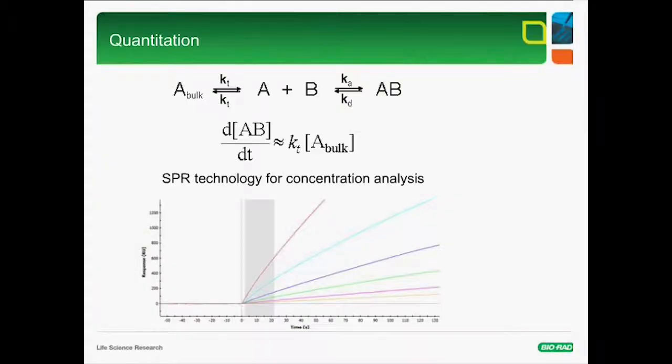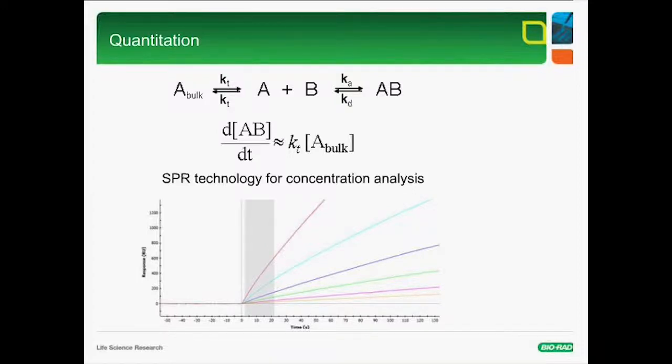SPR biosensors can be used for sample quantitation. And this quantitation method is highly efficient. In the SPR way, once you have a capture surface constructed that can be used to capture the target of quantitation, then you can quantify your samples very quickly because we measure the initial binding slope of the sensorgrams between the target of quantitation and the capture surface.